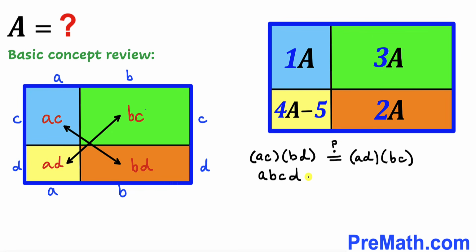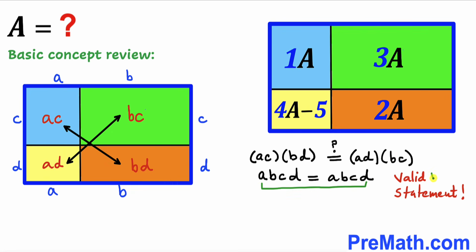Likewise, I'm going to multiply the right hand side as well by rearranging. So we can see I can write a first, and then b, and then c, and then d. So I can write a times b times c times d. Therefore, we can see the left hand side is indeed equal to the right hand side. So this is a valid statement.